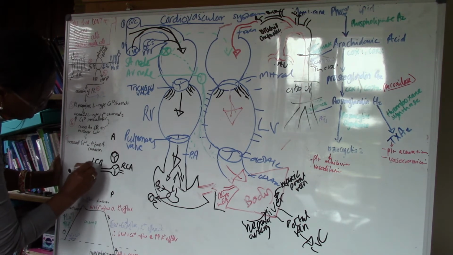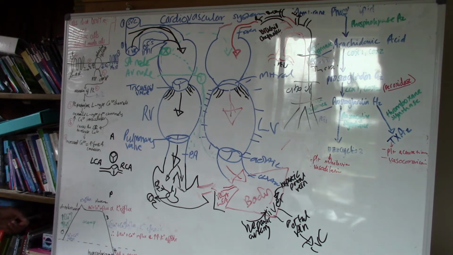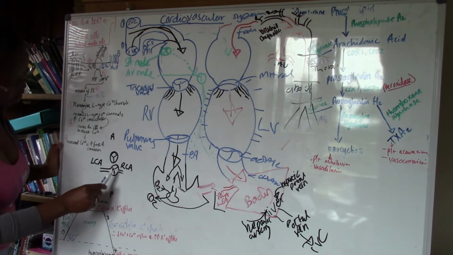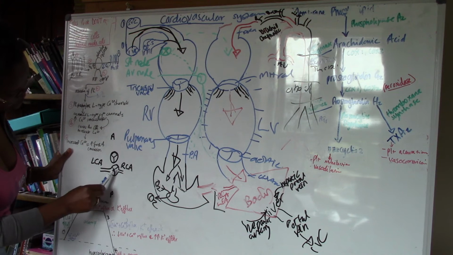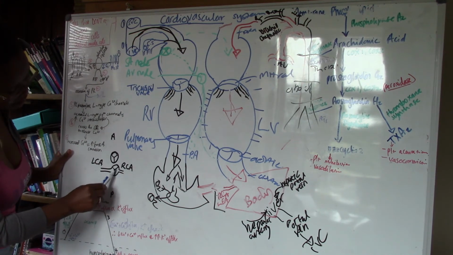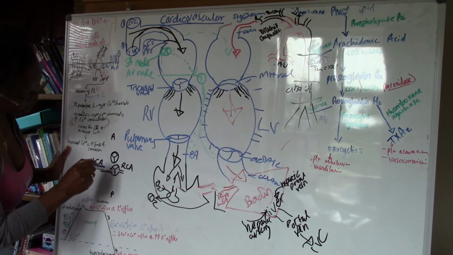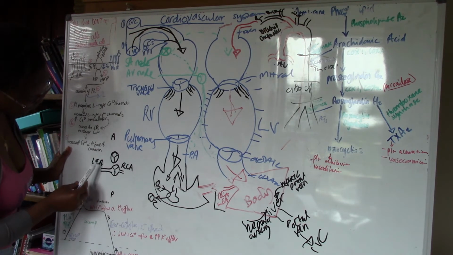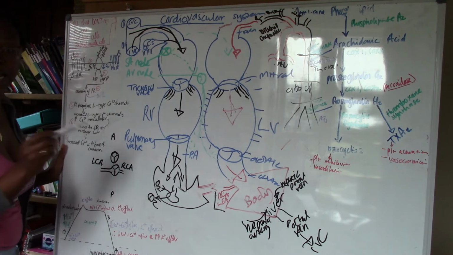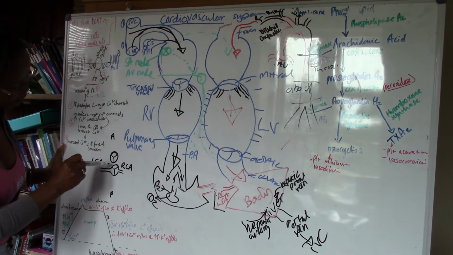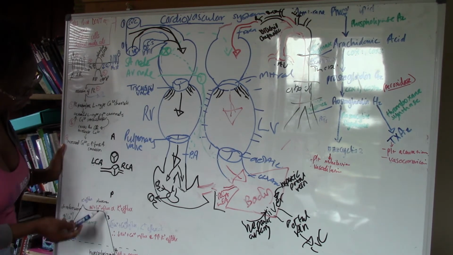So they arise just superiorly to the right cusp of the aortic valve, and just superior to the left cusp of the aortic valve, the left.